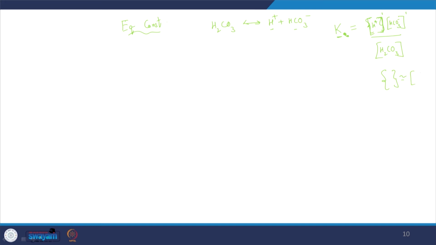This is key, we will talk about that later. Actually, it has to be activity. So, K is, on the top, the product of the concentrations of the products raised to their stoichiometric coefficients. In the denominator you have the product of the concentrations of the reactants raised to their stoichiometric coefficients. So, more or less products by reactants, that is the equilibrium constant.